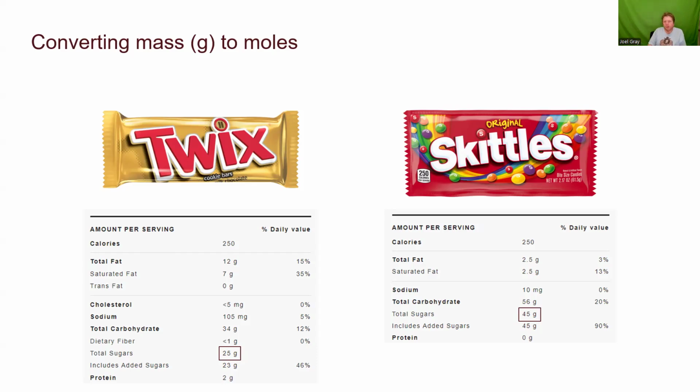So what I want to do right here is convert these into moles. So fructose is 180.16 grams per mole. Now, what I want to do is figure out how many moles of fructose is in Twix.